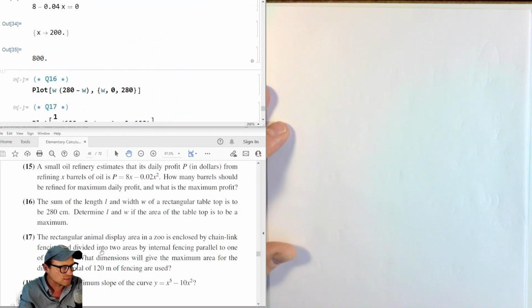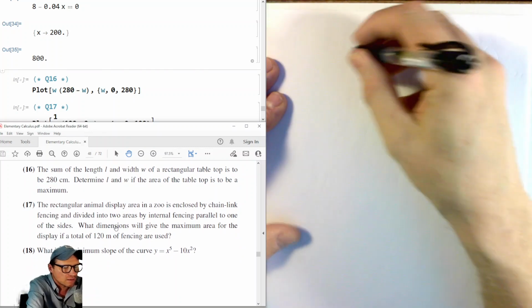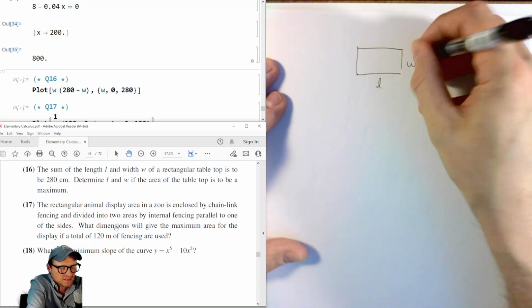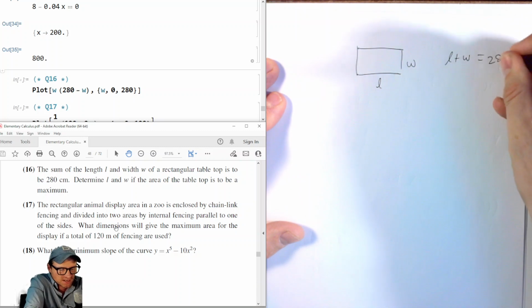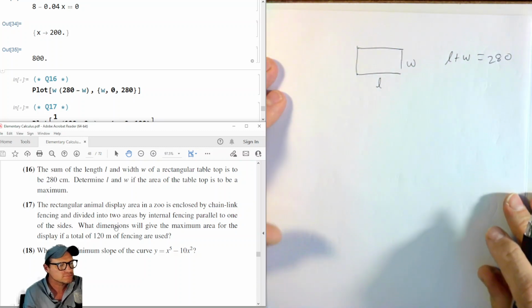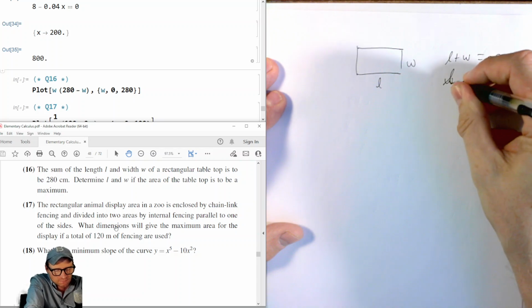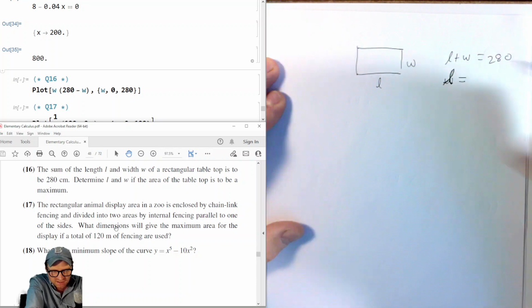Okay, question 16. The sum of the length, L, so we've got a rectangle again, L and W. So L plus W is equal to 280 centimeters. So this then gives us that L, I guess L is probably a better letter to get rid of.